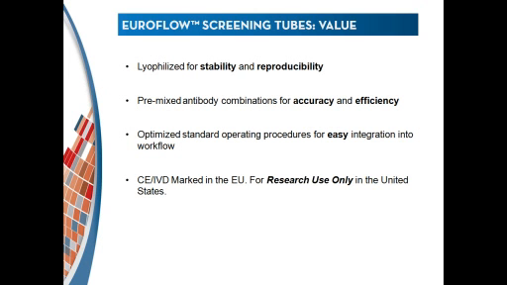Tandem dyes, when they are lyophilized, are more stable than when they are in liquid format or separated, and because they are lyophilized and there is no degradation of any fluorochrome, their reproducibility is better. Also, having all antibodies at once makes the combination accurate and efficient.